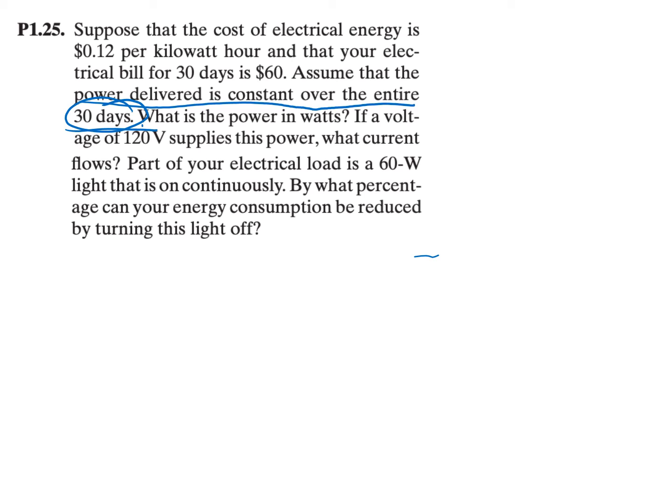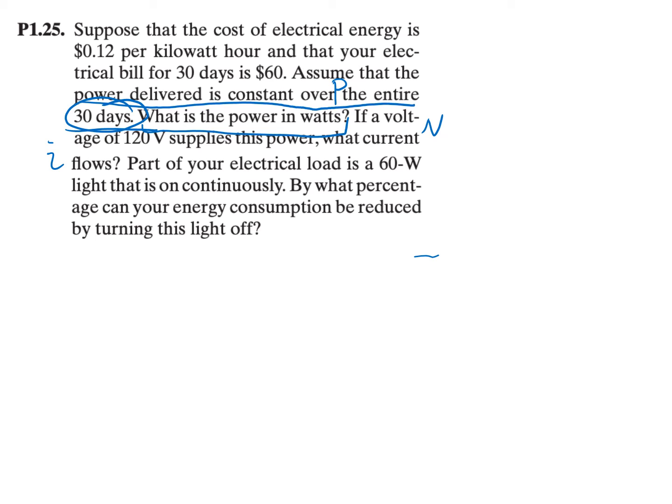The first question is to calculate the power in watts. And if a voltage of 120 volts supplies this power, we are asked to calculate what current flows. So when we calculate P, we are given V, so we can easily calculate I. The third question is that part of your electrical load is a 60 watt light, and that's on continuously.